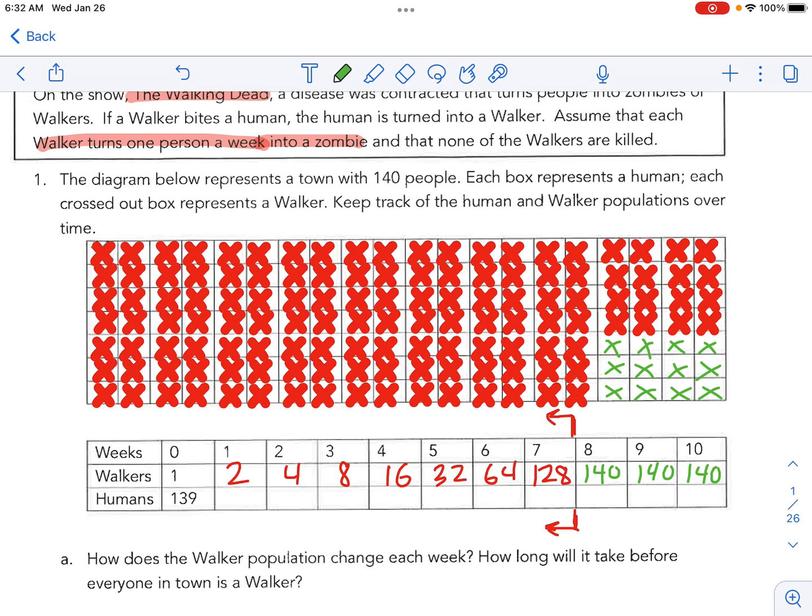Like I said, if we had an unlimited population, we could keep doubling the week before. And so that's really what we're going to focus on, this pattern of doubling, and model that with a mathematical equation.